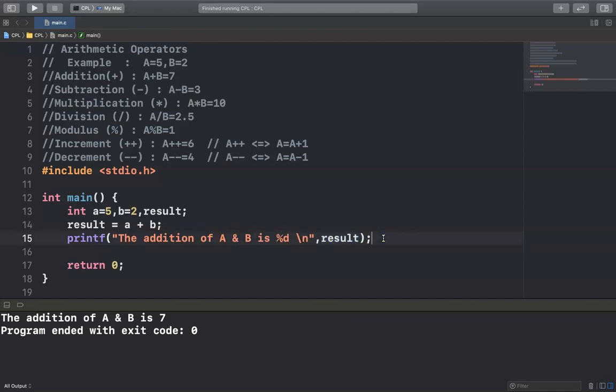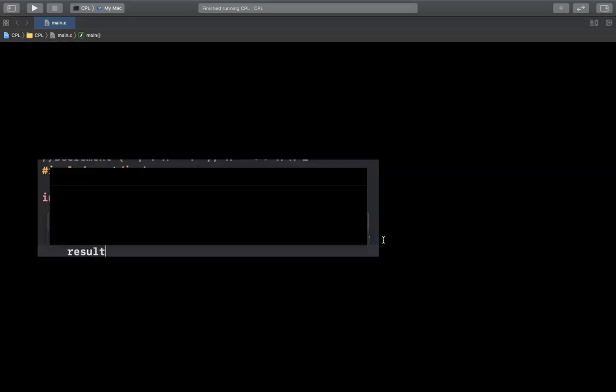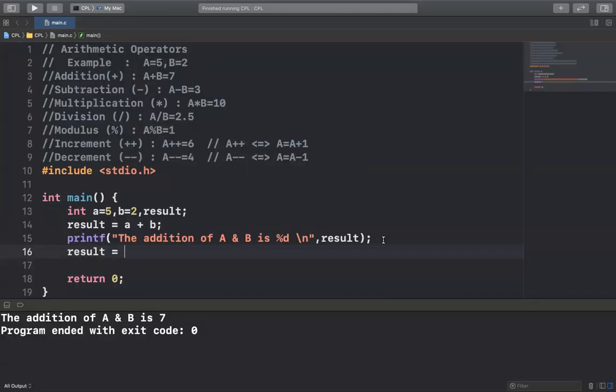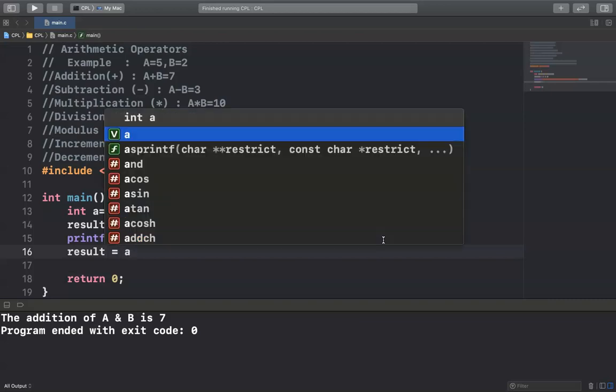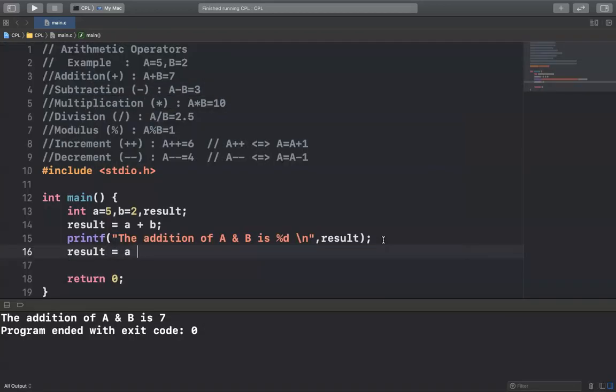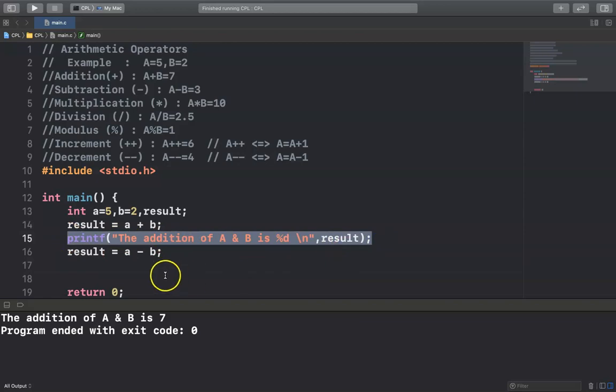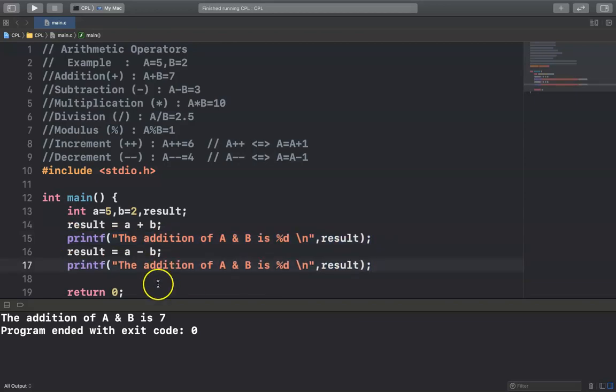Let me give more examples, starting with subtraction. You can write result equal to A minus B. And then I print the result.